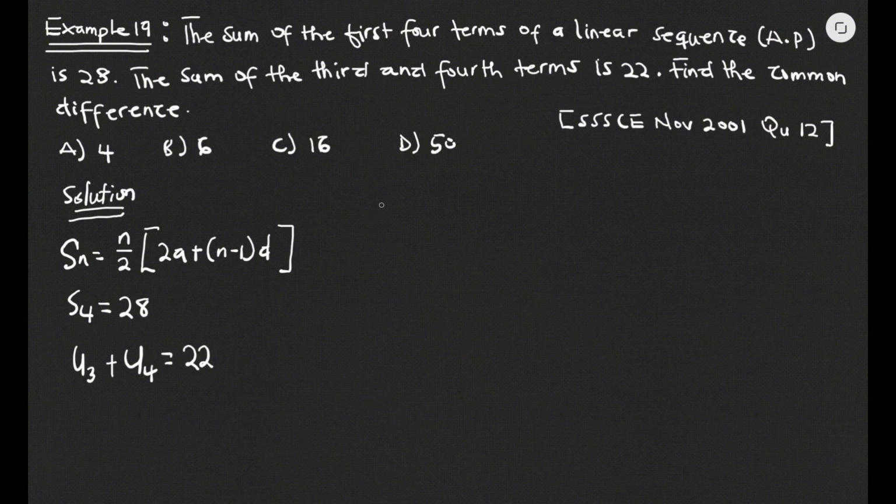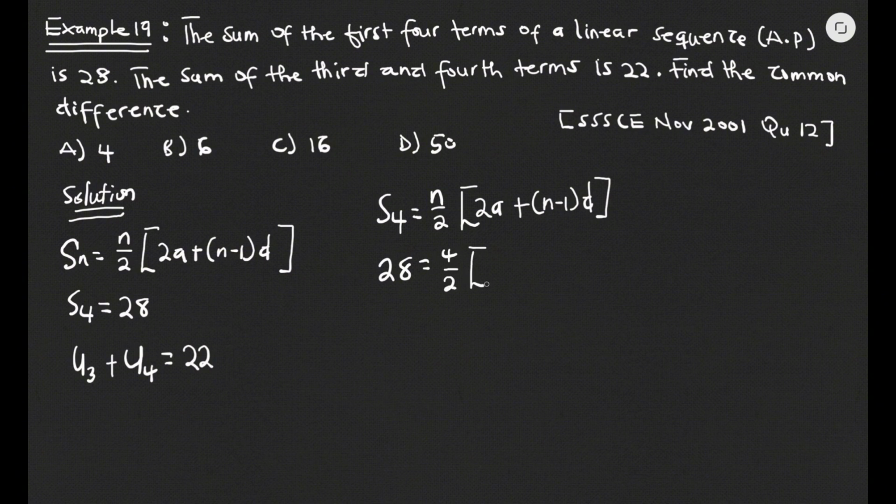Right, so let's start with S4. S4 is equal to the formula n over 2 into bracket 2a plus n minus 1 multiplied by d. And the S4, which I have over here, has already been given to me as 28. So I'll do that substitution. I have 28 is equal to, the n is the 4 over here, that is the sum of the first 4 terms. So it will be 4 over 2 multiplied by 2a plus 4 minus 1 multiplied by d.